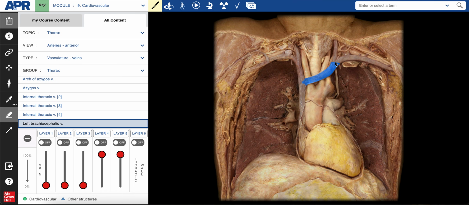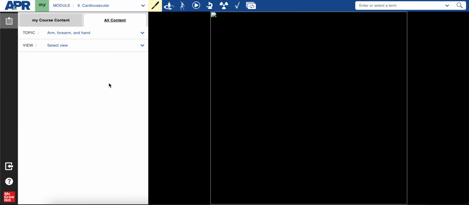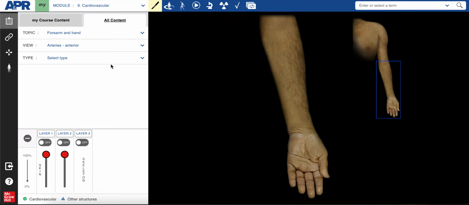Those were just some things that I saw with this lab that stood out to me. The other thing that I want to look at, let's just go straight to the forearm and the hand. Y'all did pretty good with these. It's important to remember that when we're naming the arteries and the veins, a lot of times it's named after the side of the hand. If we're looking at a vessel that's moving along the lateral forearm, along the thumb side, that's the radial side.